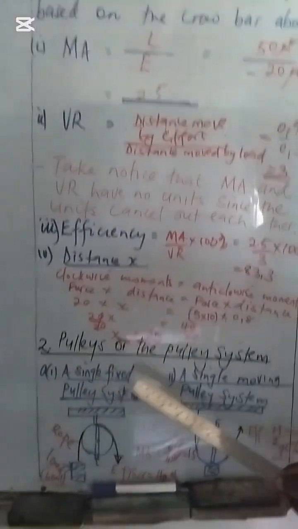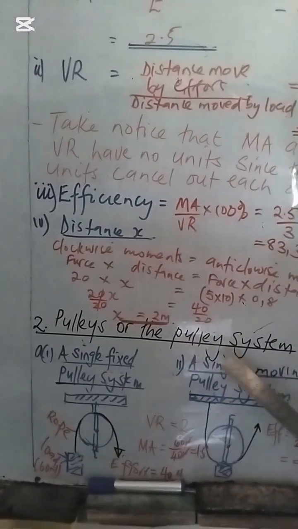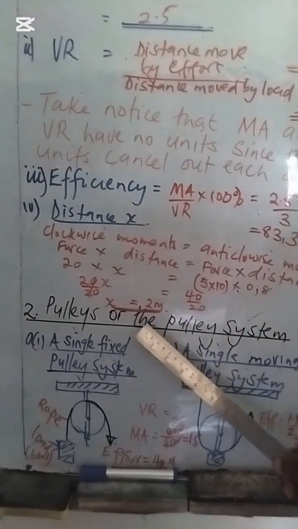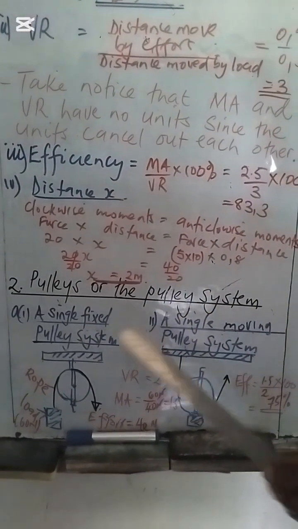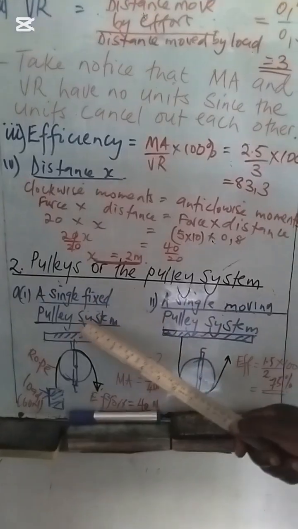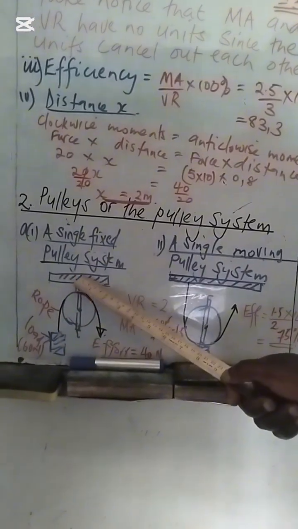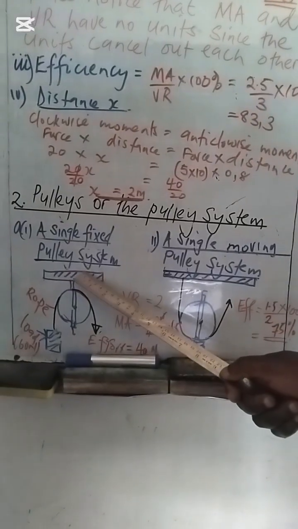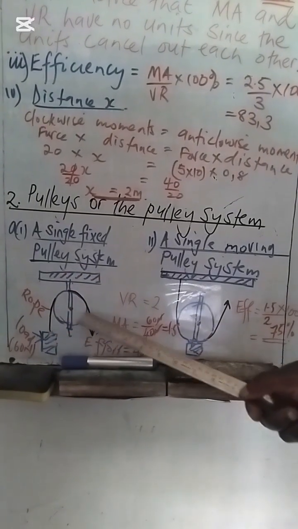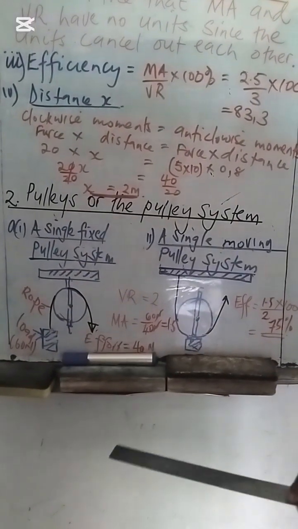Then the second type of simple machines includes pulleys, or simply the pulley system. We have a simple fixed pulley system where the pulley is fixed to something above it. Then the load will be lifted by pulling the effort downwards.